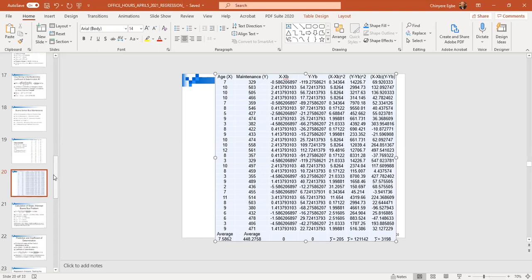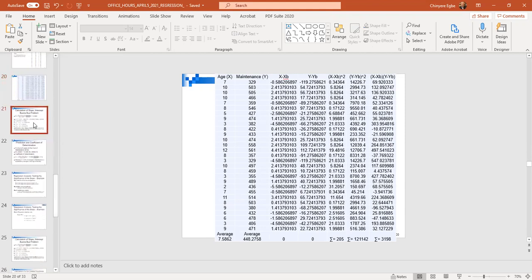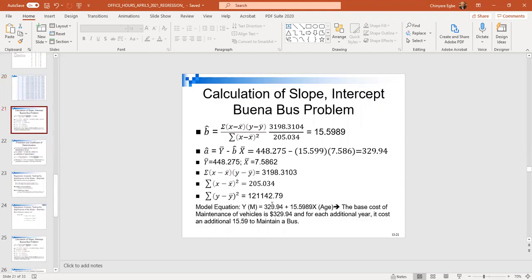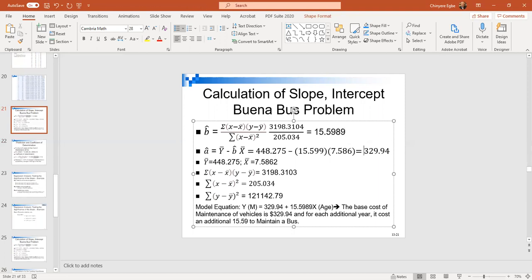Let us look at this example here and ask ourselves the same kind of question. Here we apply the formula, and B hat is 15.89, and A hat is 329. So let us then use the formula.